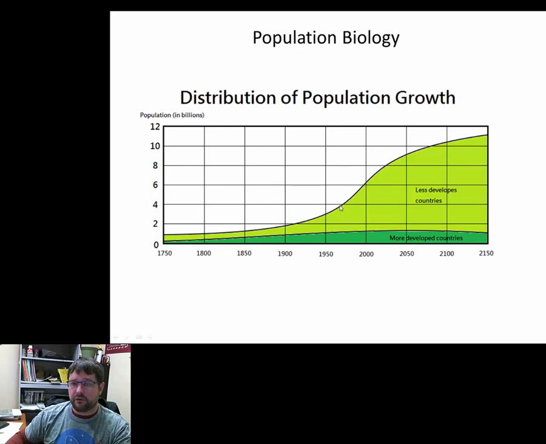They're going to have a lot more offspring because, first of all, they have a much higher death rate in their offspring. Secondly, if they're trying to develop, they're typically trying to develop from a farming or physical labor industry, and the more kids you have, the easier it is to make money, per se.